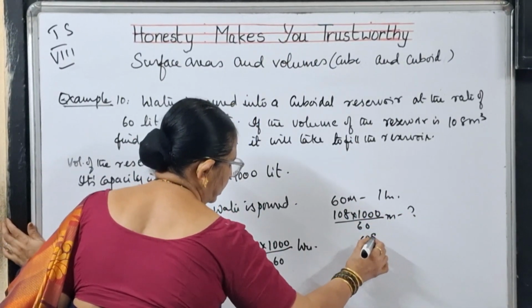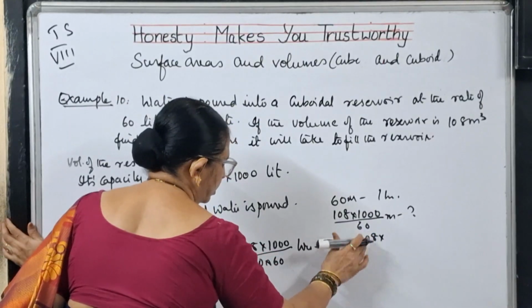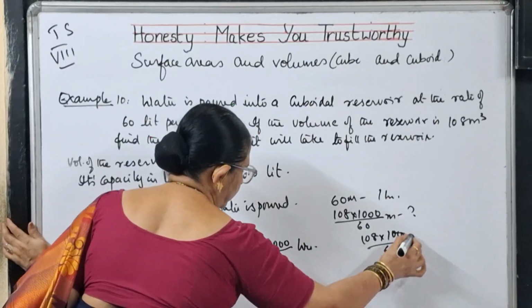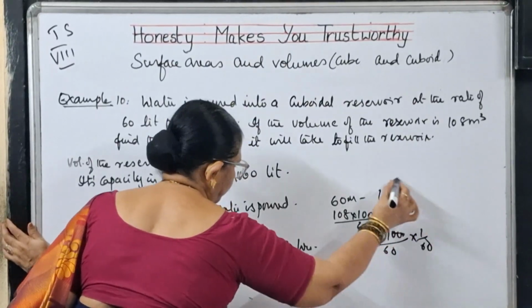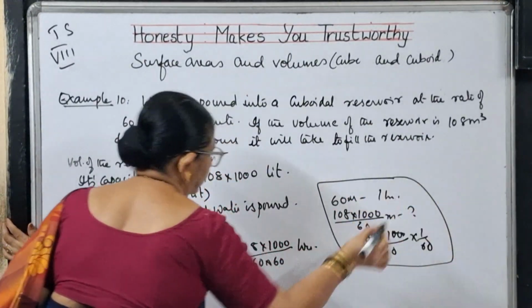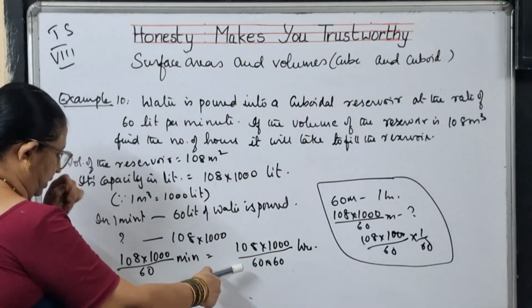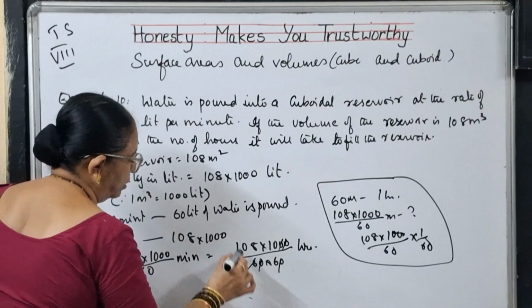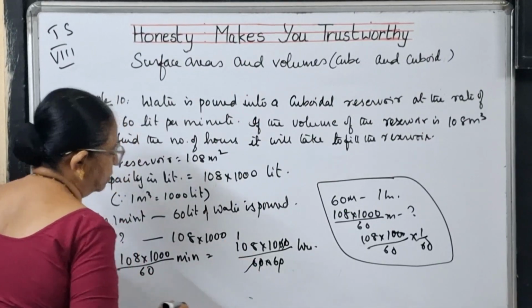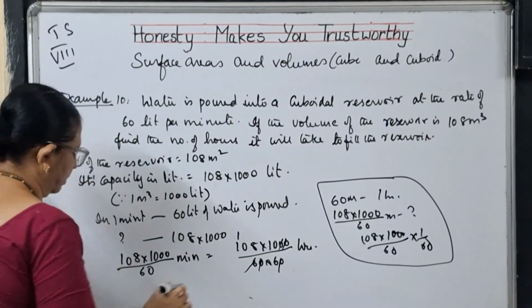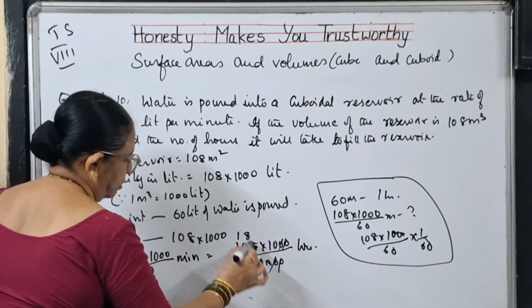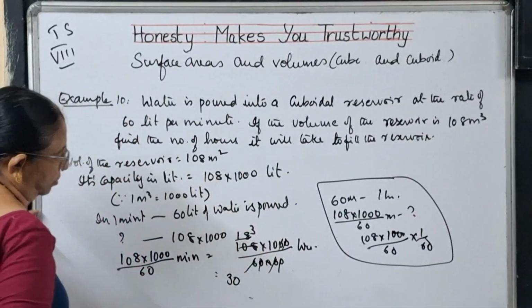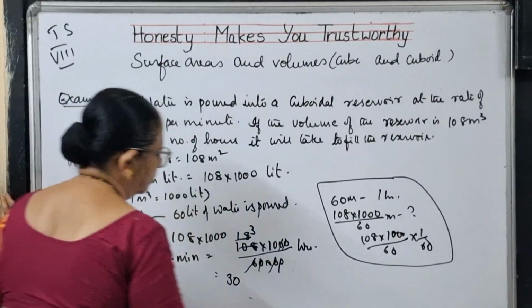That means 108 into 1000 by 60 into 1 by 60. This is the same thing I have done here. So the zeros will get cancelled. 6 ones are 6, 6 8s are 48, 6 3s are 18, that is 30. So it takes 30 hours.